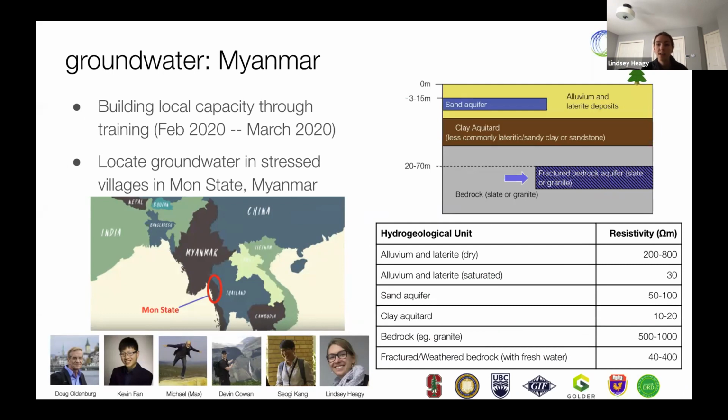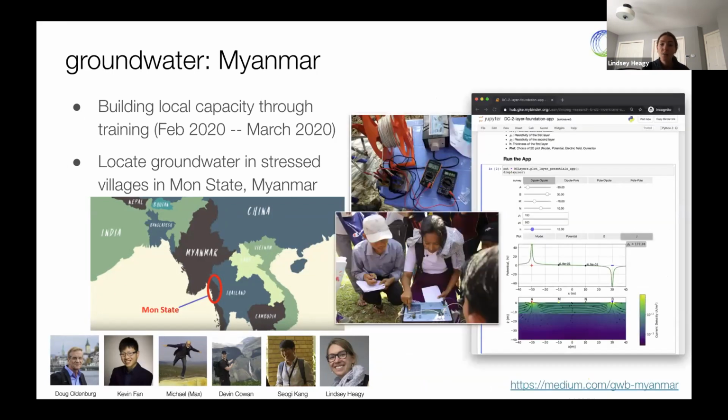And we deployed Jupyter notebooks that include examples that run SimPEG code so that they could go ahead and actually work with these data and try and locate and spot locations where you could actually drill water wells into deeper aquifers there, because the shallow aquifers tend to dry up in the dry season.